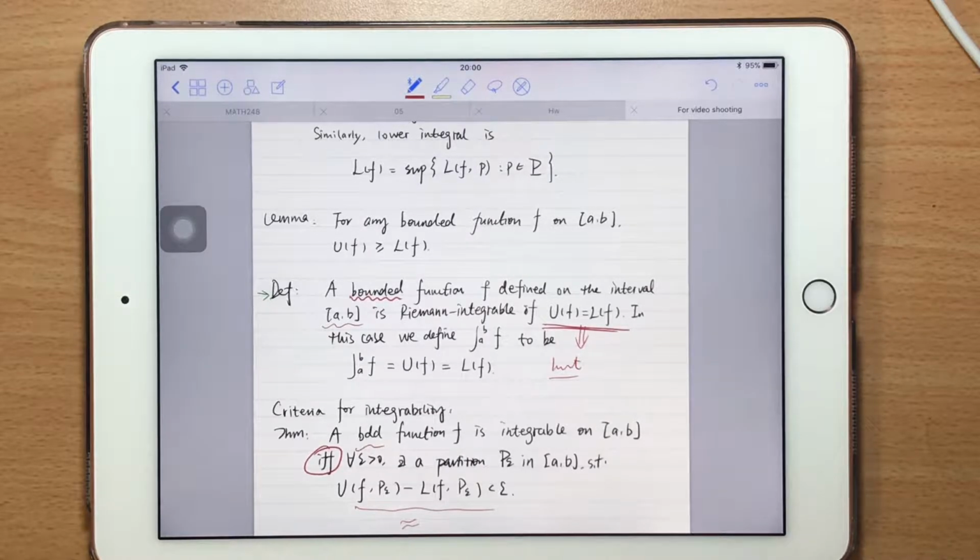So I think this is the intuitive way to understand this criteria, and we're gonna prove it.